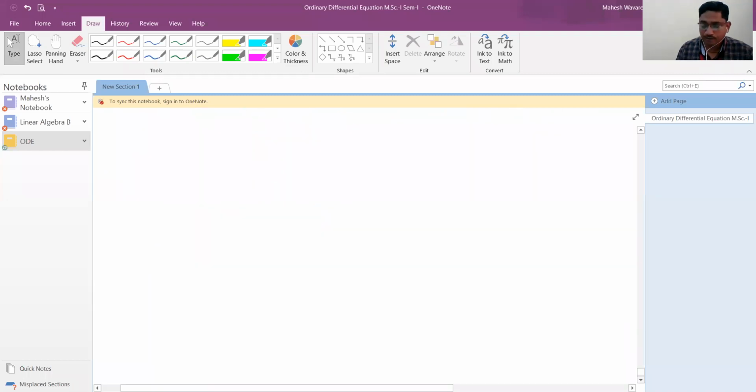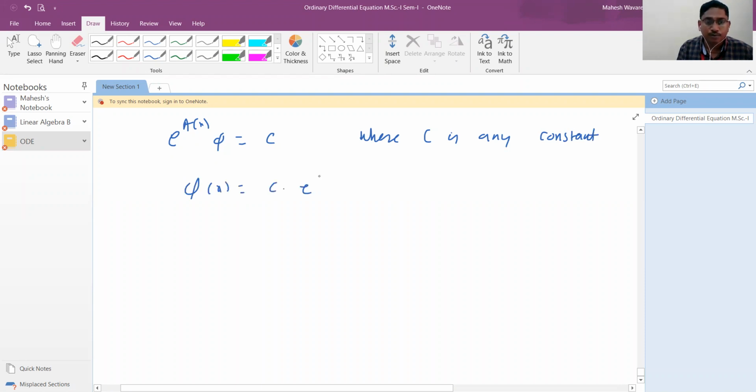Integrating both sides, e to the power a of x into phi is equal to c, where c is any constant. So phi of x is c into e to the power minus a of x.